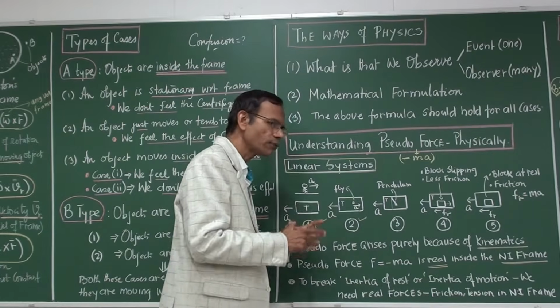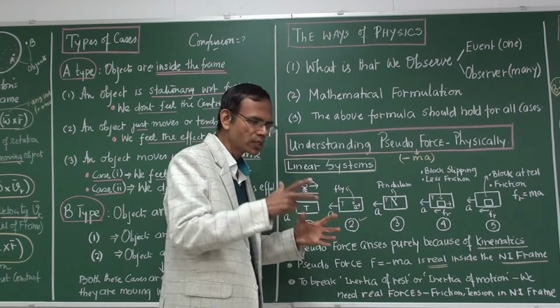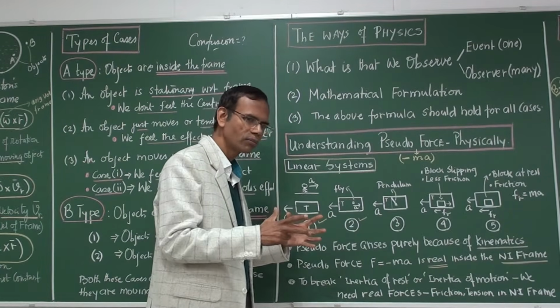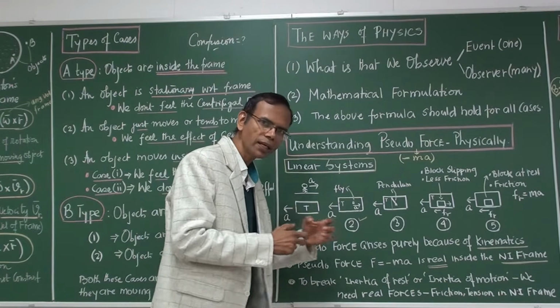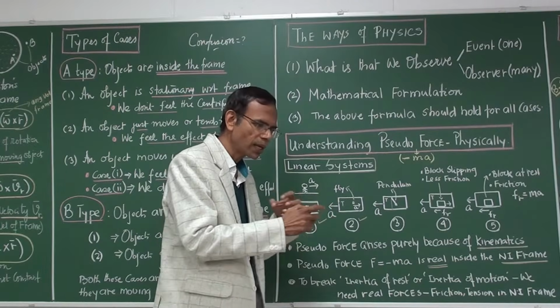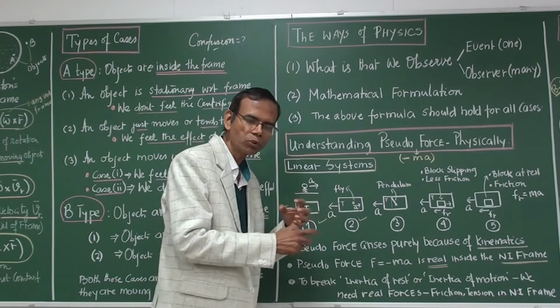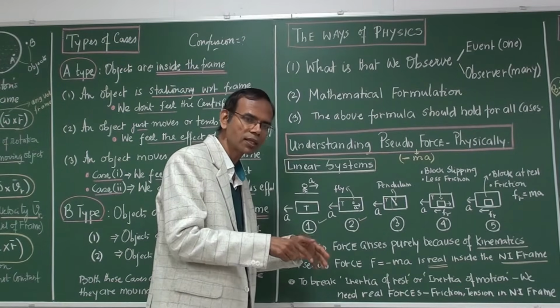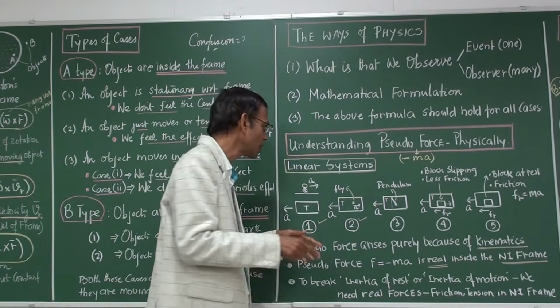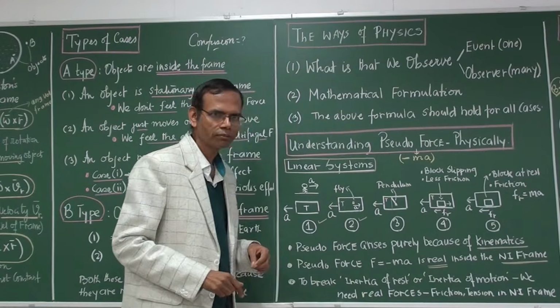It is not a force by itself. Seen from an inertial frame, it is not at all a force by itself, but it is purely kinematics. That means a relative motion between the two: the object which maintains its inertia of rest or inertia of motion, and the frame.